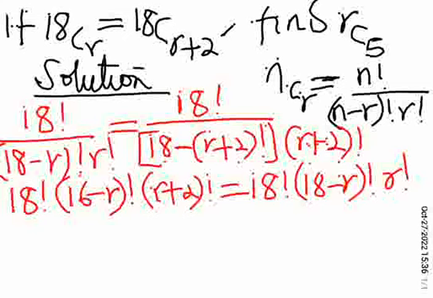Looking at the expression obtained, we can see that the 18 factorial cancels out. Then for the others left, we're going to do some expansions. This R plus 2 factorial is connected with this R factorial, so we're going to expand the higher one, which is R plus 2 factorial.